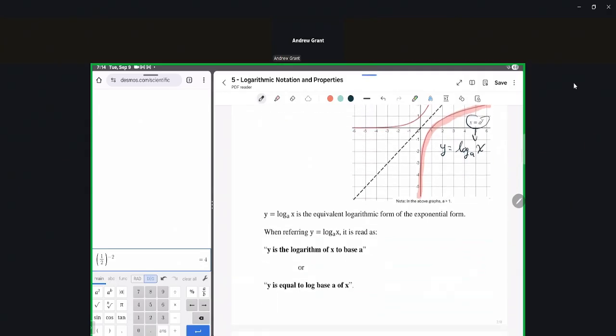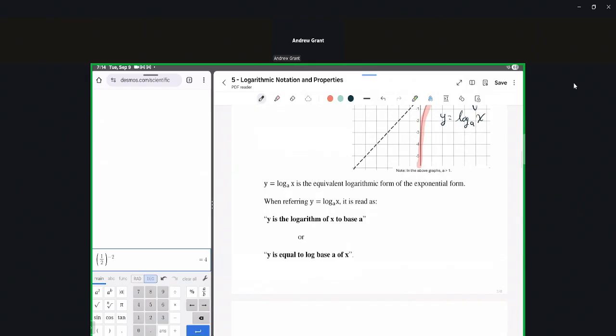A couple of ways to say this. I should mention y equals is the equivalent form. When we want to talk about what this means, this is said as y is the logarithm of x to base a, or y is equal to log base a of x. If you want to explain this to somebody the first time, we would typically use this first form. But from a teaching perspective, and from a learning perspective, we end up saying the second version a lot, just because it's faster to say.